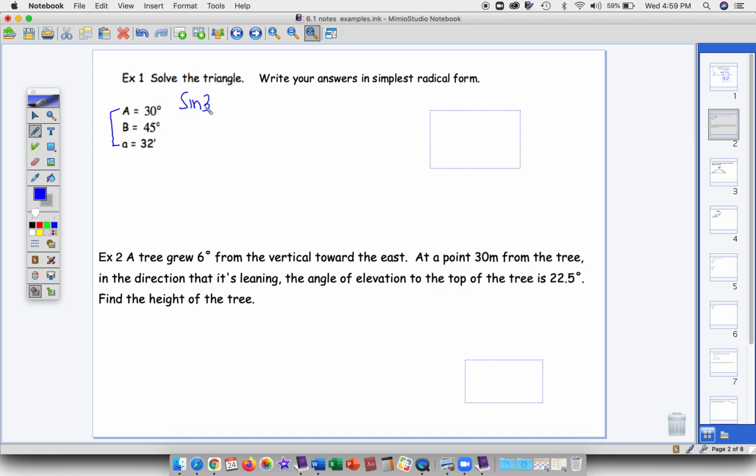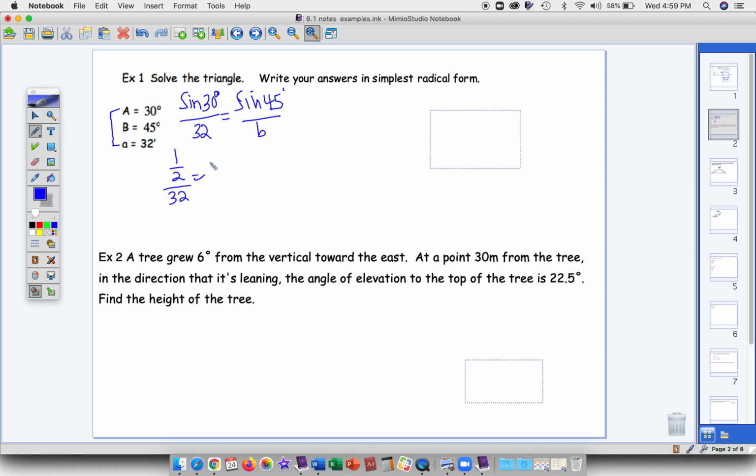So I'm going to write the sine of 30 degrees over 32 feet, but I'm going to leave the foot symbol out of my proportion. And then I have angle B, that's my third part. So the sine of 45 over side B. The first part I'm solving for is side B. The sine of 30 is a half, over 32.